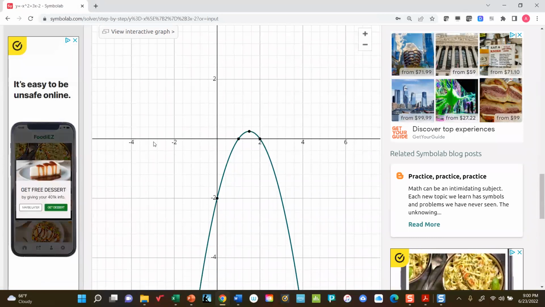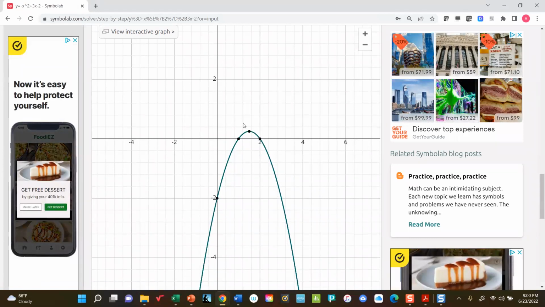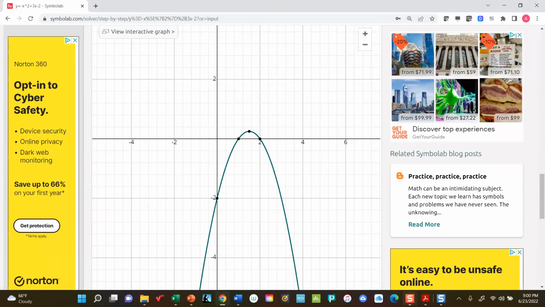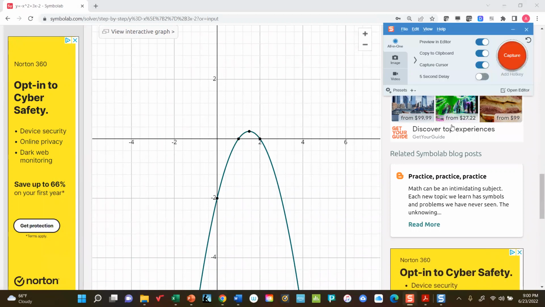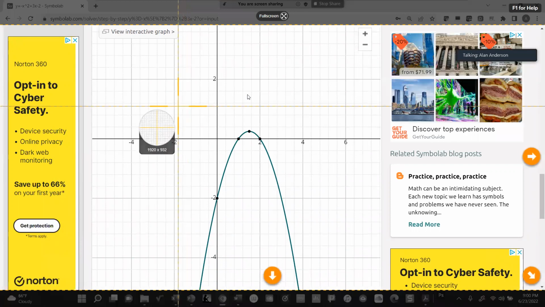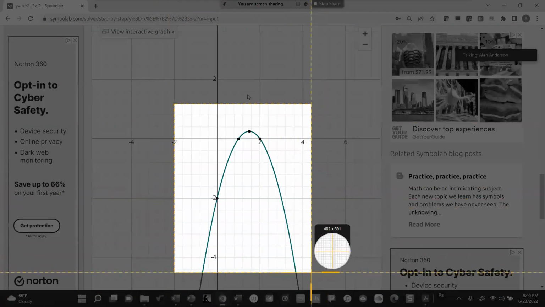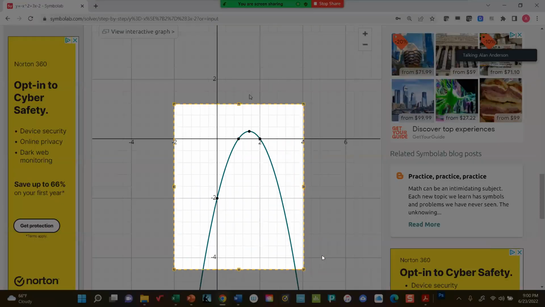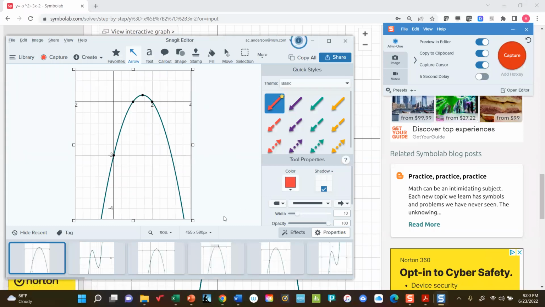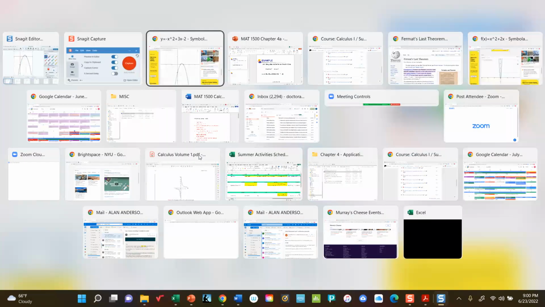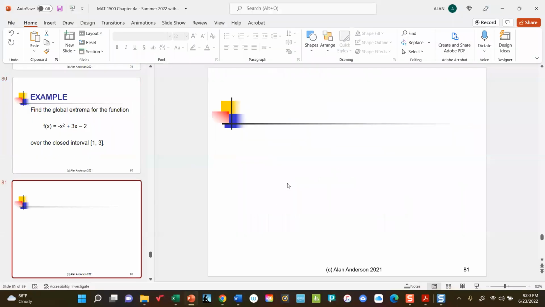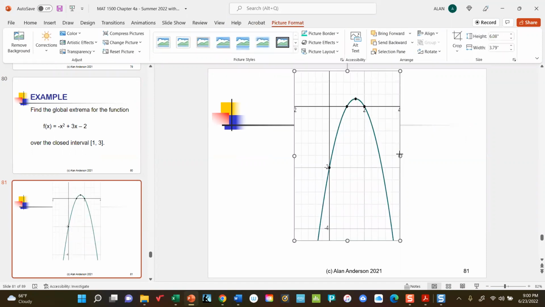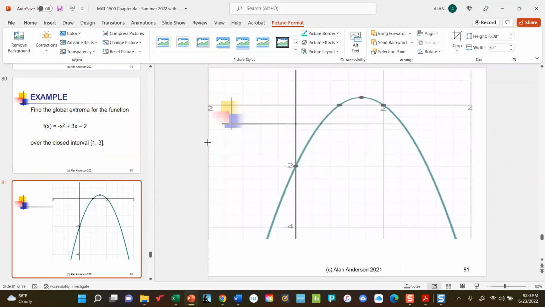Oh, that's interesting. It just barely peaks over the top. Oh, here we go. All right, so let's grab a copy of this. So the area that we're interested in is the interval 1 to 3.